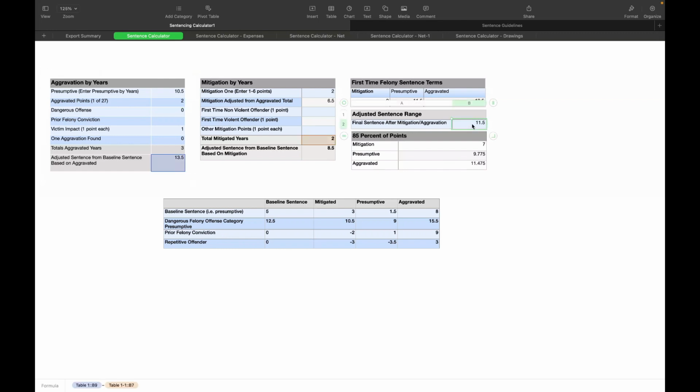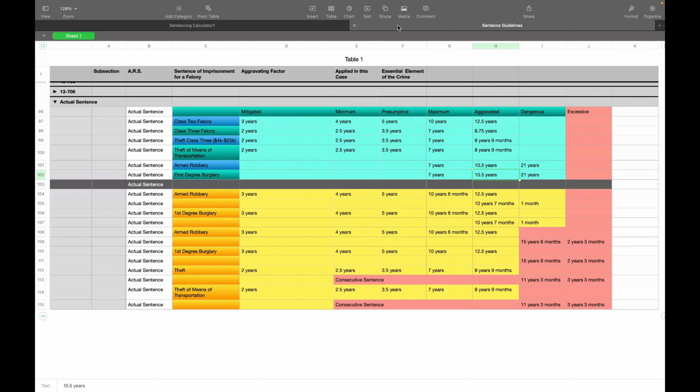But his ultimate sentence is 15 years. How did the court get 15 years with no mitigation and all aggravation? How?